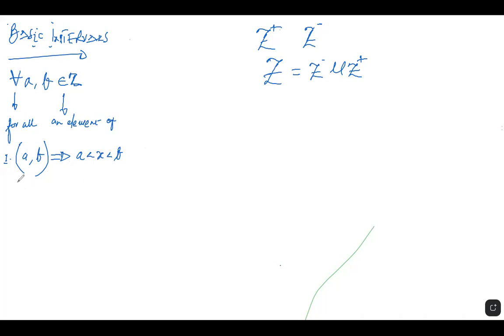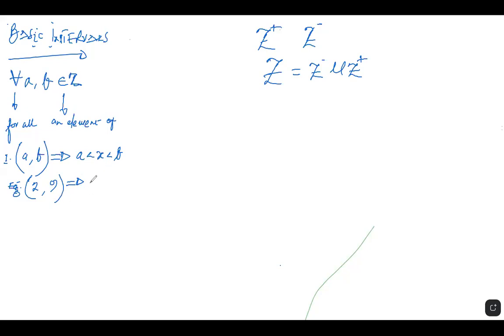So, for example, let's take 2 and then 9. 2, 9 means that I am interested in values between 2 and 9.